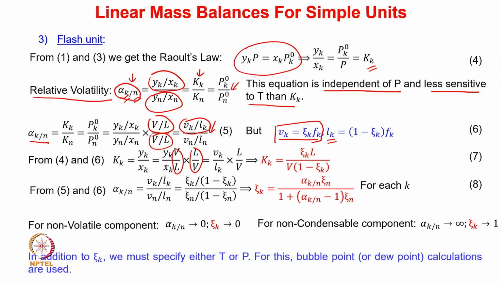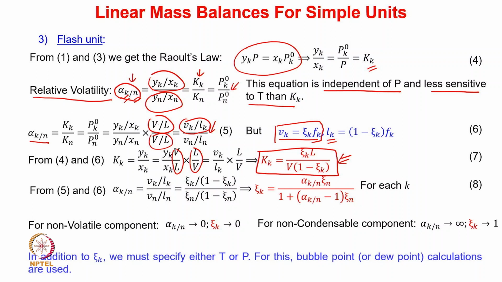So yk into V becomes Vk and xk into L becomes Lk. So this becomes Vk by Lk into L by V. And Vk by Lk is nothing but what? Zeta k divided by 1 minus zeta k. So by putting that, Kk is obtained as zeta k into capital L divided by V into 1 minus zeta k. This is the expression we have obtained for the Kk.